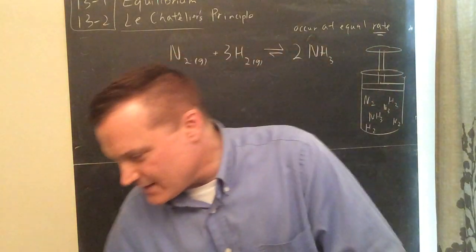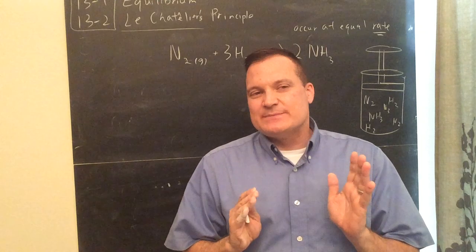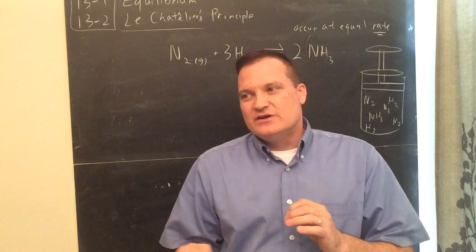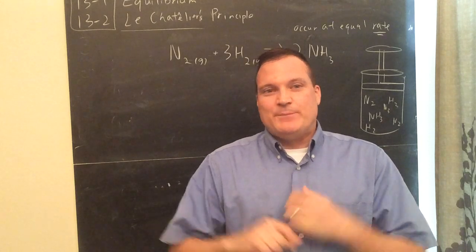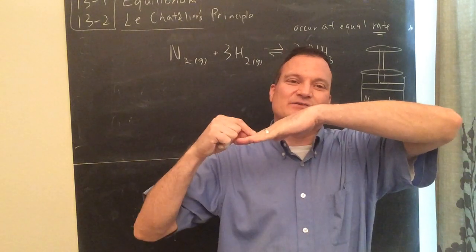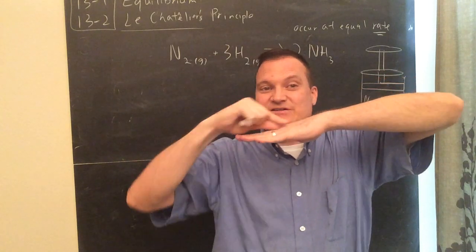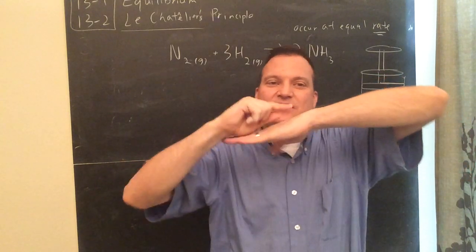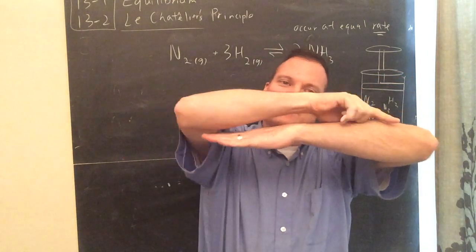So, remember, Le Chatelier says that when you put a stress on a system, the system is going to shift in a way to offset the stress. Like, if you put too much weight on one side of the seesaw, it's going to shift that weight to the other side, so that this heavy load that was carried by one side now gets spread out more between both of them.